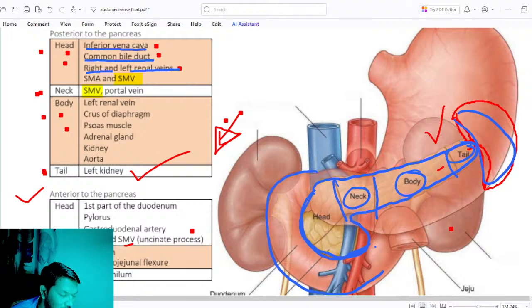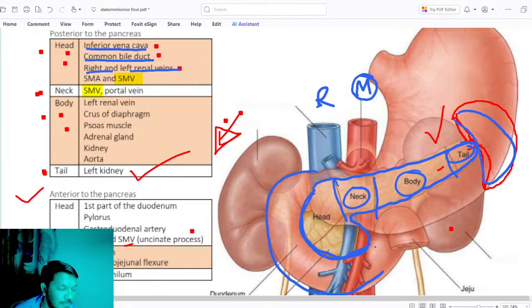Which side of the body does the vein remain on, right or left? The vein remains on the right side and the abdominal aorta remains in the middle. We said yesterday that the abdominal aorta remains just over the spine, and the spine is the middle, right?